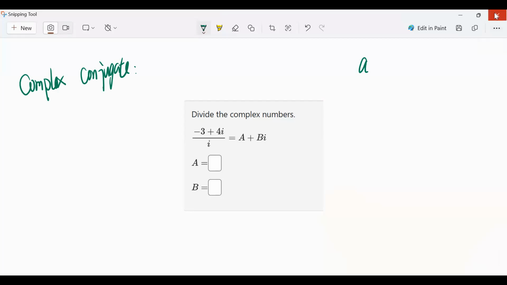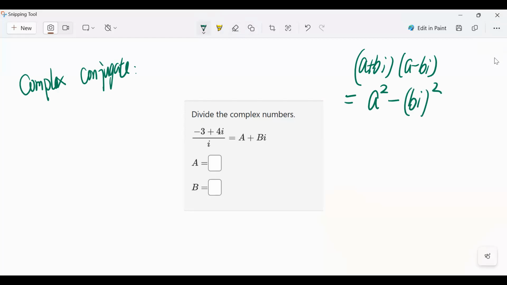So let's say a plus bi times a minus bi. We're still using the difference of two squares. If you do this, it's a plus b, a minus b, so it's a squared minus b squared. So minus bi squared. If you simplify, it will be a squared minus b squared times i squared.